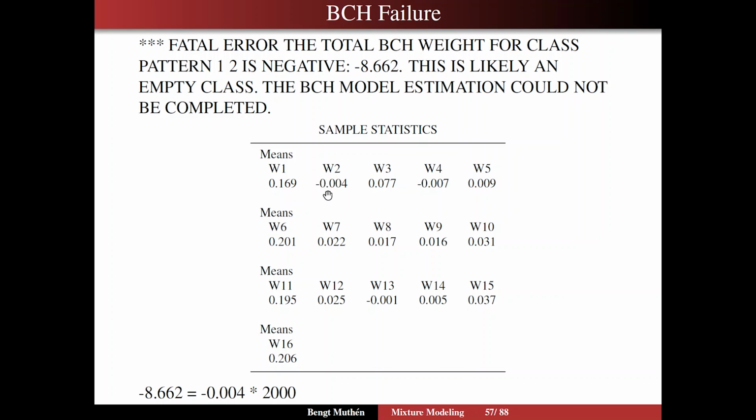So you have negative 0.004, and the mean of the weight times the number of people in the total sample gives you minus 8.662. So you can see that the total weight is indeed negative as stated. So BCH fails here due to empty classes and estimating means for classes that have nobody in them.